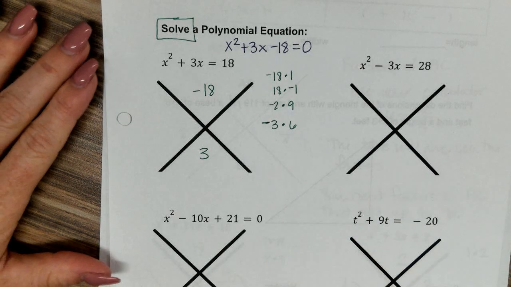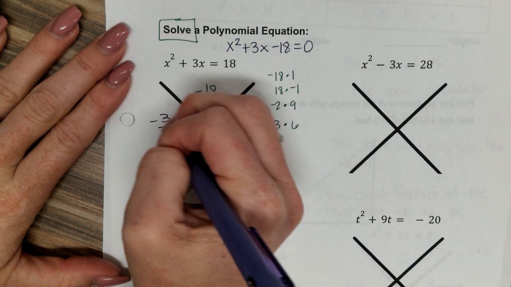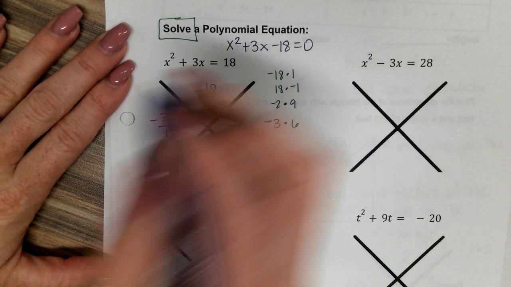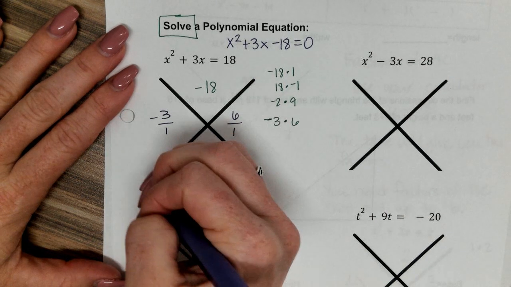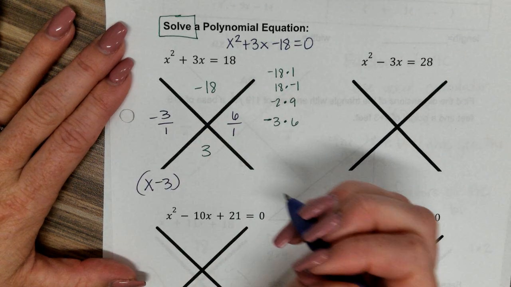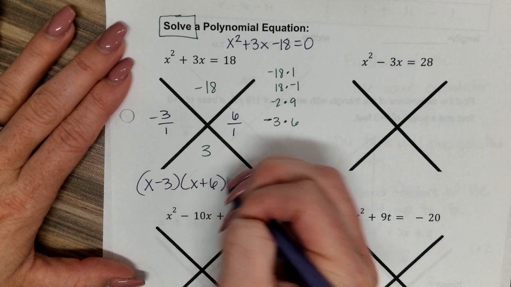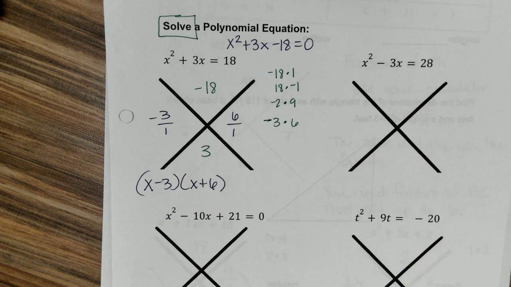All right, so now I just go put them over A. So negative 3 over A and 6 over A. And so it's x minus 3 times x plus 6. Yes? But is that my answer or did I just factor? I just factored. So how would I solve these? I would set each of them equal to 0 and then solve.